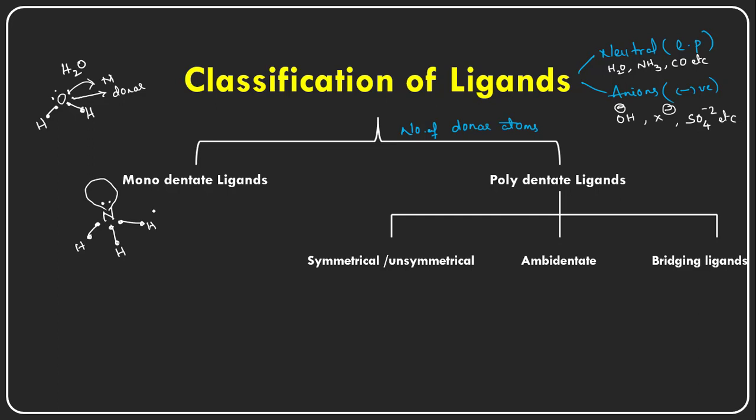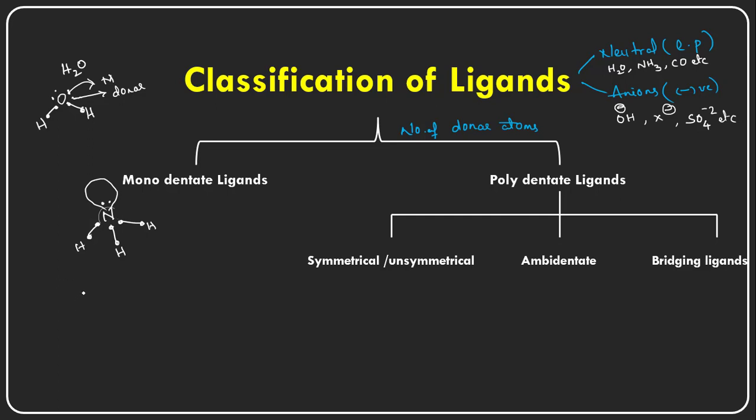The hydrogens do not act as donor atoms because they do not have any lone pair of electrons to donate, but nitrogen can donate its lone pair to the central metal ion, so this nitrogen is called a donor atom.